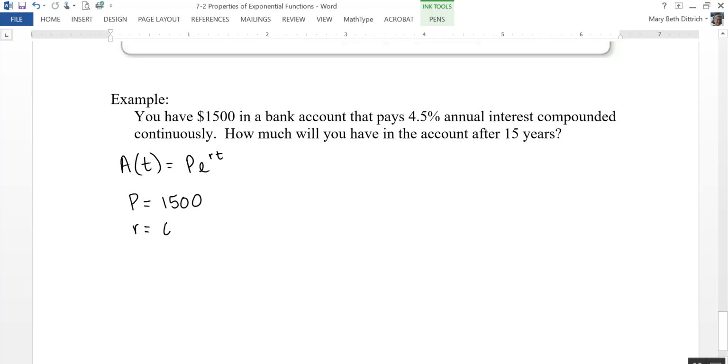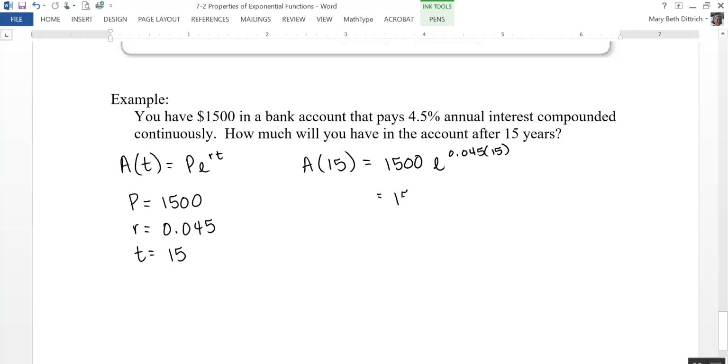My rate is 0.045, and the time that I'm investing it is 15 years. So let's go ahead and plug those into the formula. So A of 15 is 1,500 times e raised to the power of 0.045 times 15.